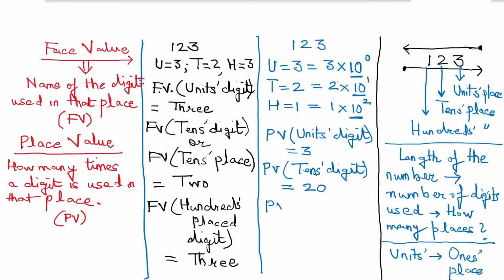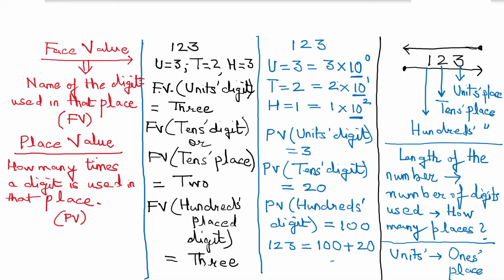The place value of the hundreds placed digit is how much? 1 has been used 100 times, which is why 123 in its ideal format will be written as 100 plus 20 plus 3, which in any case is known as the expanded notation of 123.